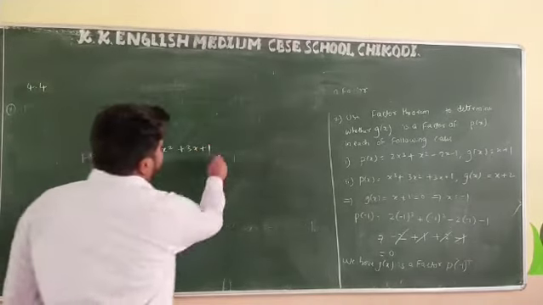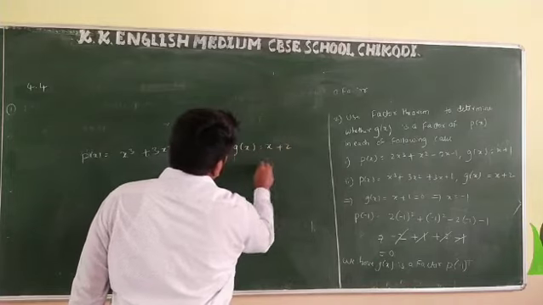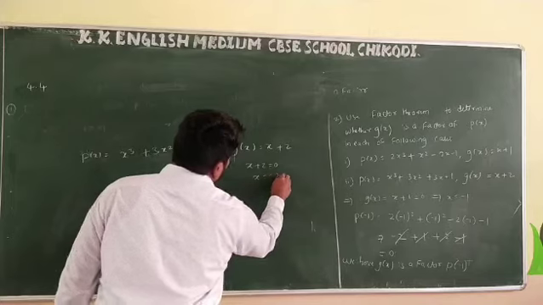Okay, so g of x you have as x plus 2, that is x plus 2 is equal to 0, that is x is equal to minus 2.